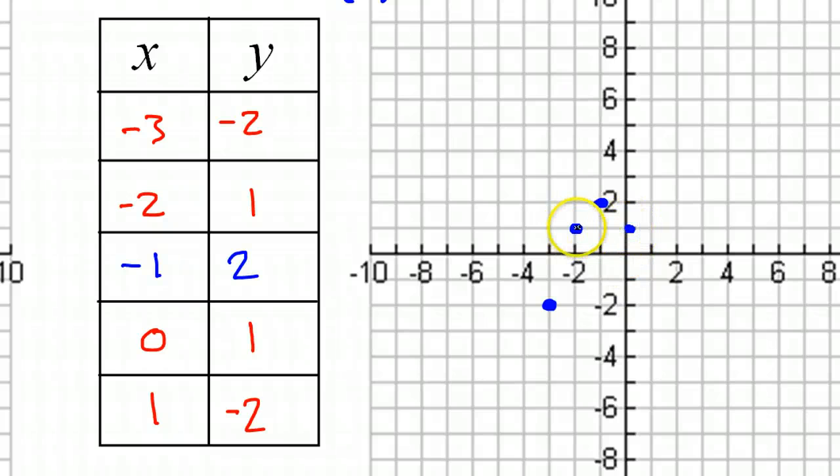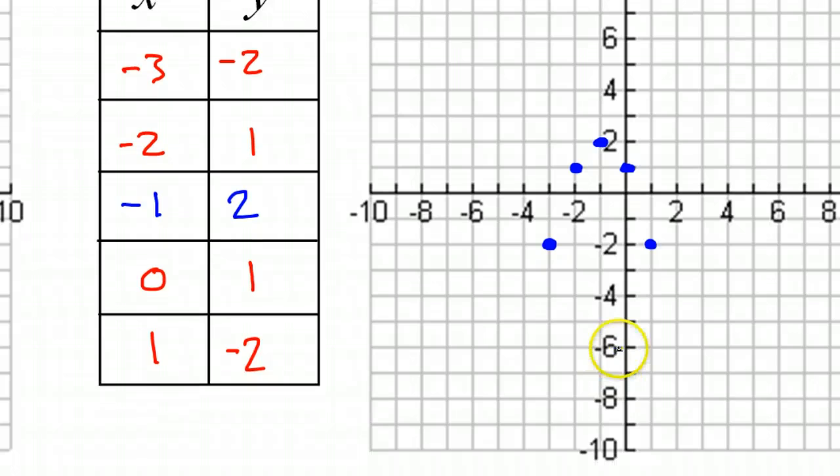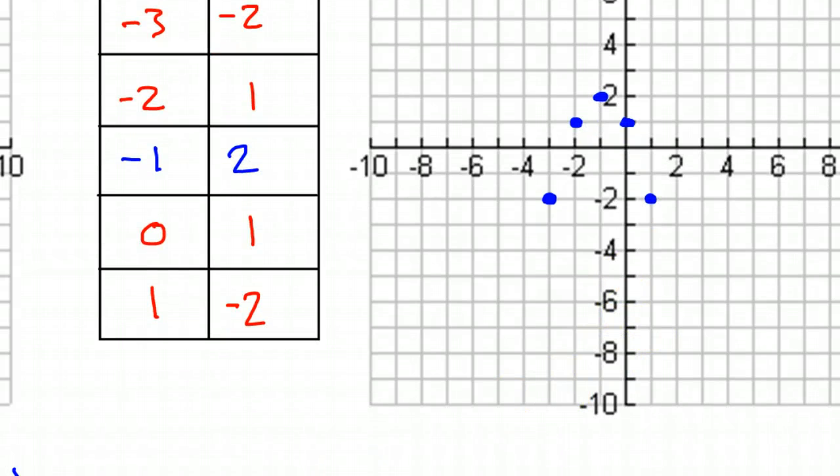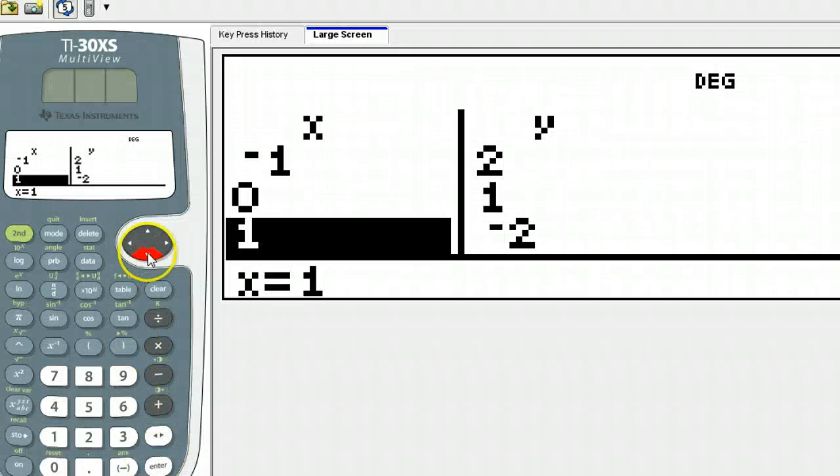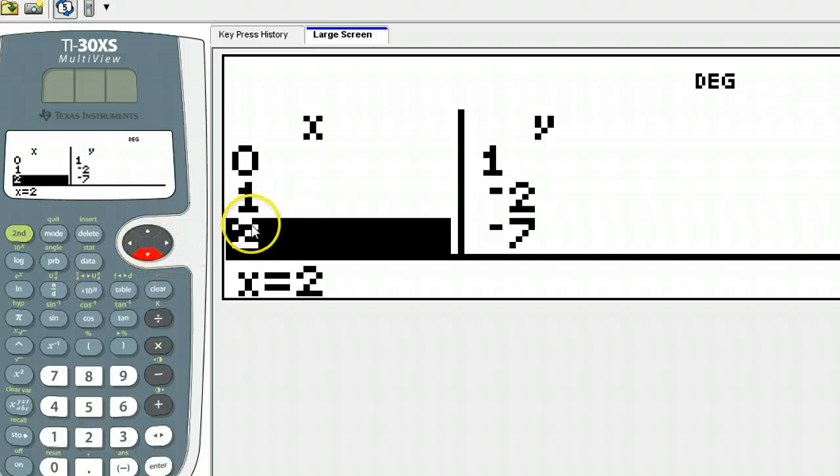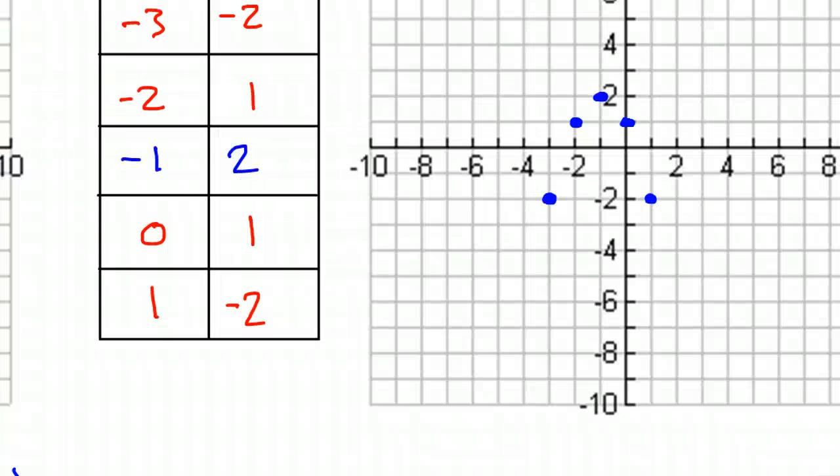Okay, because these are mirror images of each other. And we know we're going to have this point right here. 1 comma negative 2. If possible, I like to pull another value off the calculator. Let's see if the next value will fit. So I'll go down, and I see 2, negative 7. That still fits on the graph, so let's go ahead and graph it.